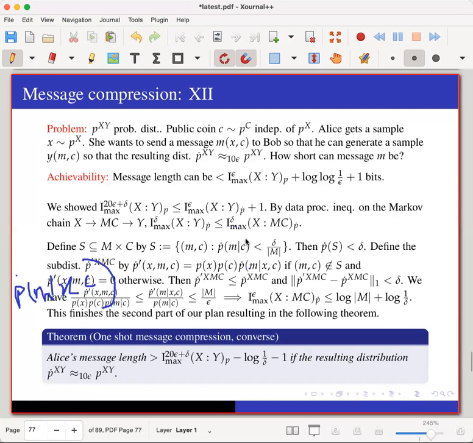I probably just forgot it. So it's all triples MXC such that P dot of M given XC is less than delta over M. That's the correct definition. Could you correct the triple? It should be M comma X comma C, not M comma C.